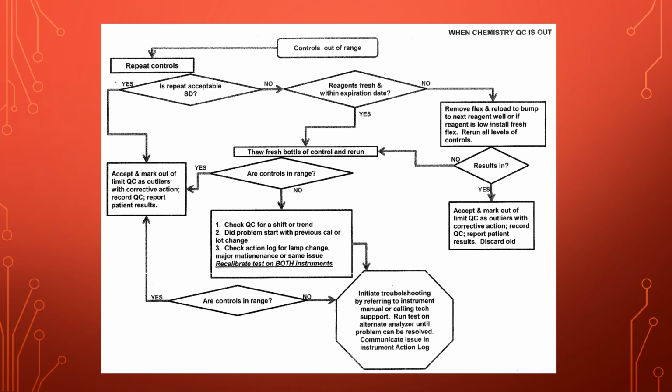If the repeat did not fix the out of control issue, you're going to start doing things like checking your expiration dates. Truthfully, if you don't check your expiration dates first, I don't know what's wrong with you, because then you just wasted a run.